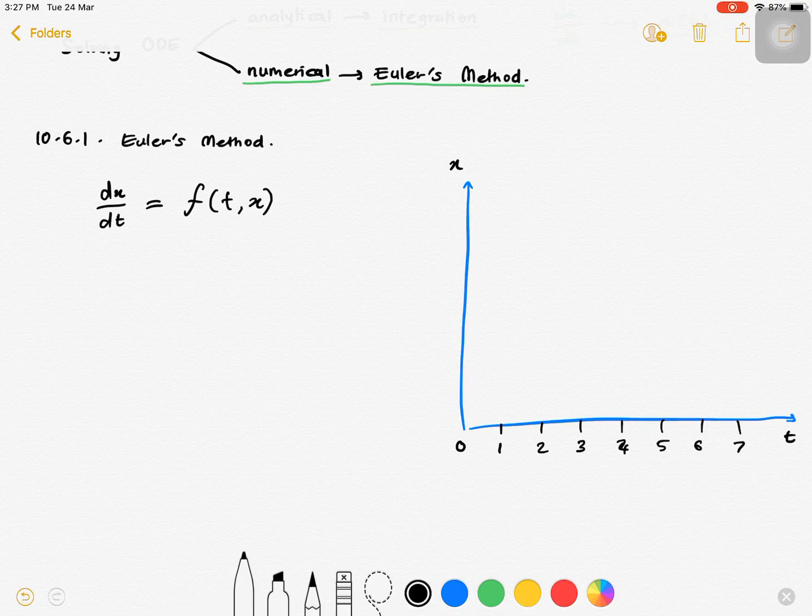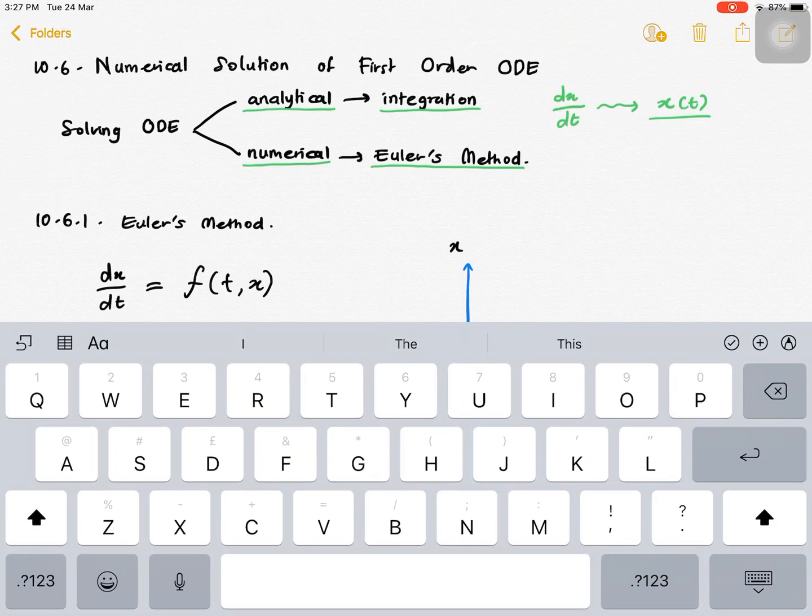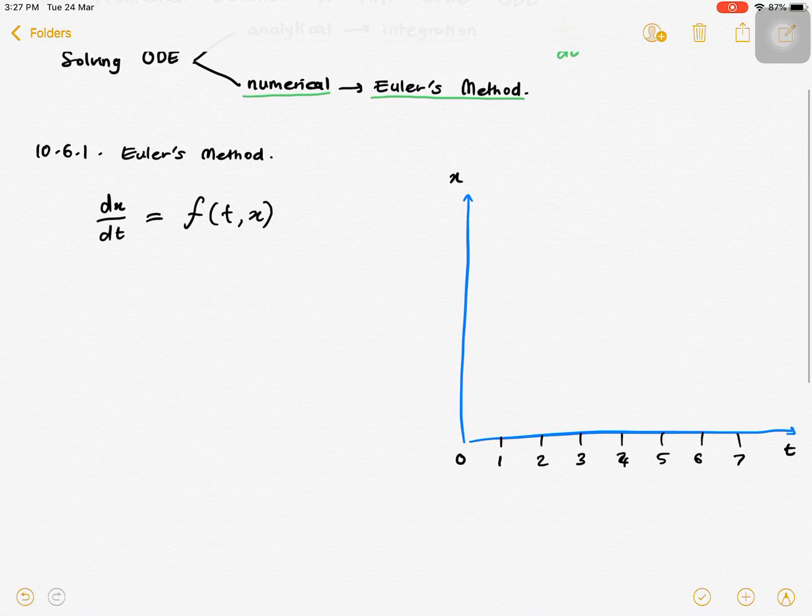Alright. So let's say for the y-axis, which is the x, we just follow the example. So we have 2, 4, 6, 8, 10, 11, 12, for example.